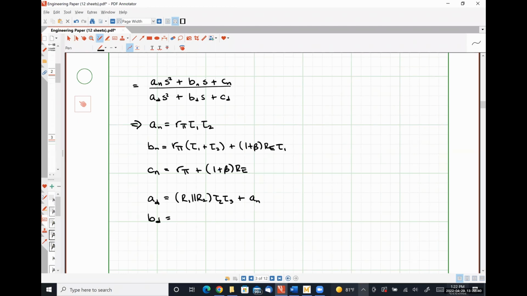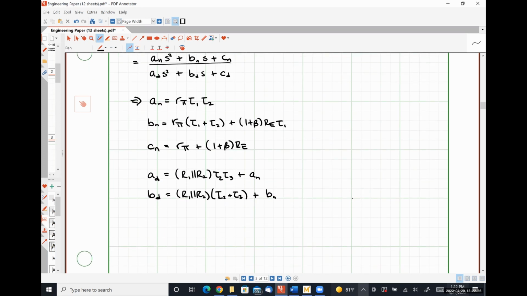BD was R1 in parallel with R2 times tau 2 plus tau 3, plus BN. And finally, CD was R1 in parallel with R2 plus CN.